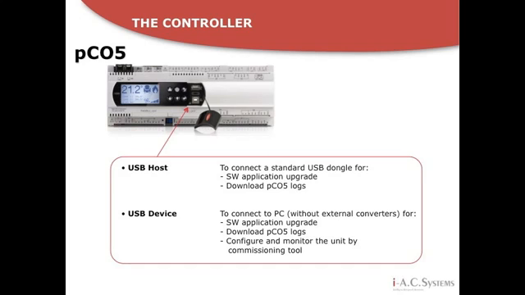The second USB port instead is used for a point-to-point connection to a laptop or personal computer via a USB cable. Please note that this will allow a simple connection from a PC to a controller without the need for a converter.